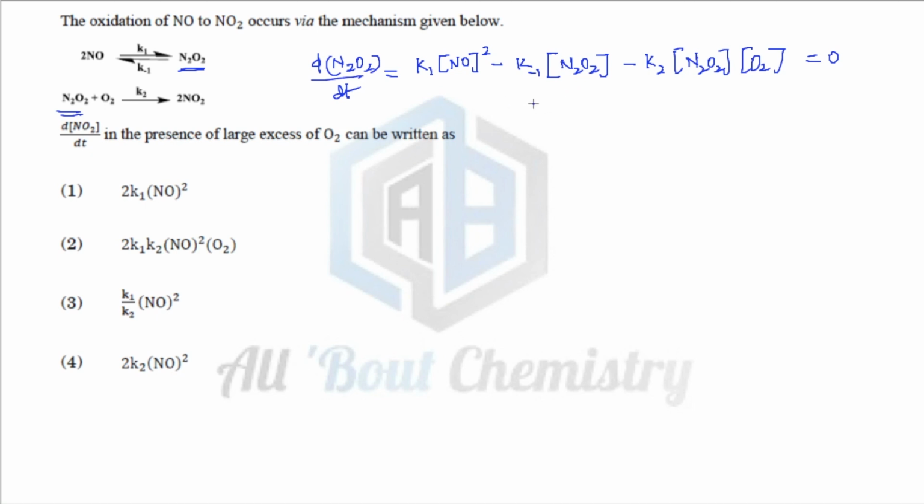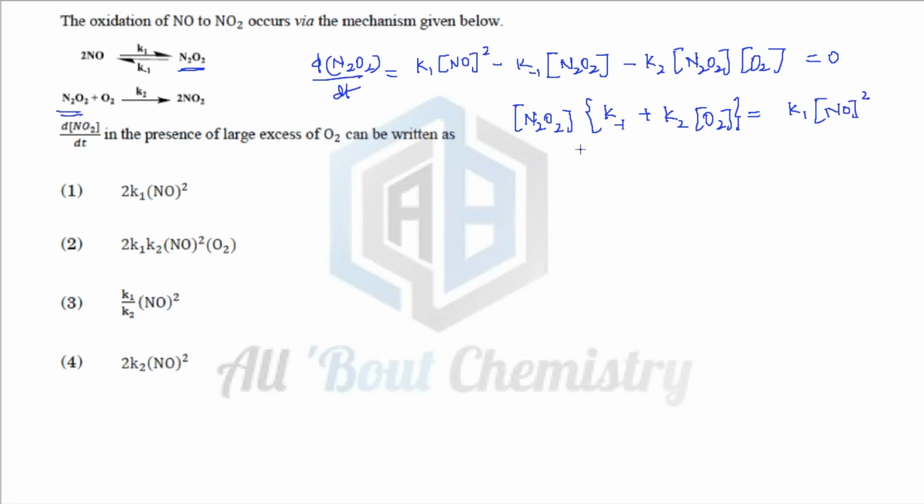Now I have to calculate the value of [N2O2]. So how we are going to do this further is, I can take [N2O2] common from here. So I will get (k-1 + k2 [O2]), and on the other side I will be getting k1 [NO]^2.